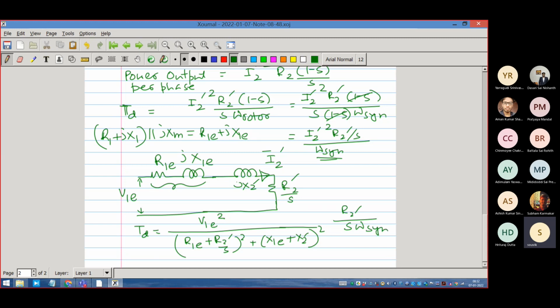So this is the actual expression of the torque if I want to do it very accurately, right?